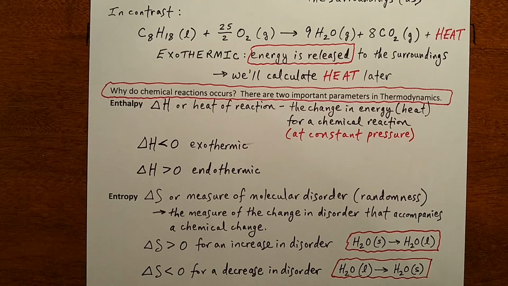That's not an issue for us because in a laboratory, everything is really done at constant pressure in open beakers and open flasks and things like that. So that's why we can call the heat that we either put into a reaction or get out of a reaction the enthalpy.